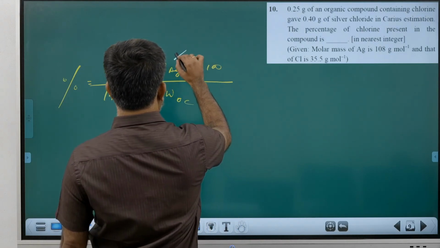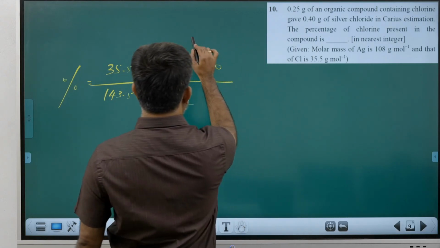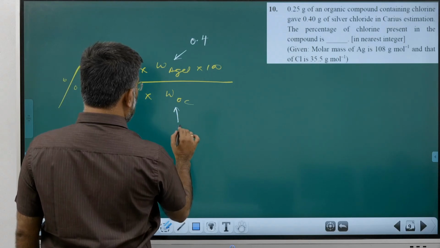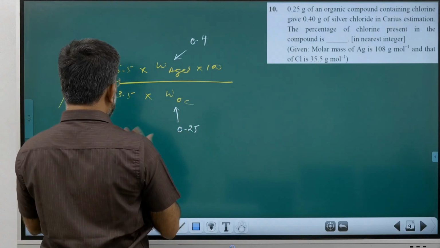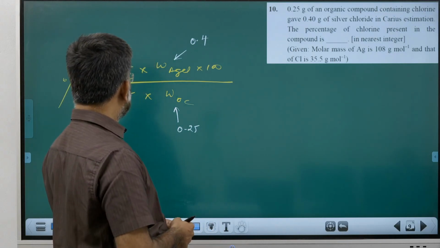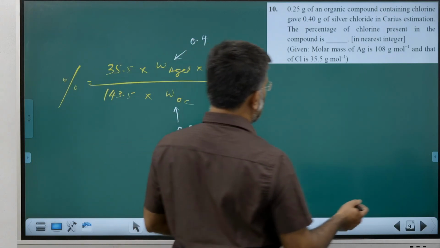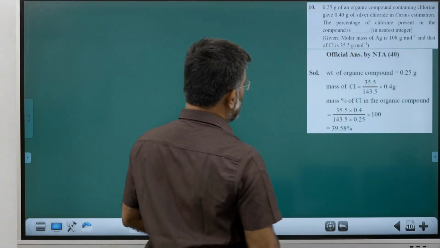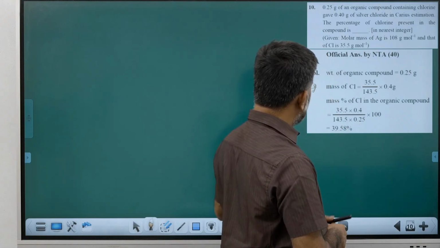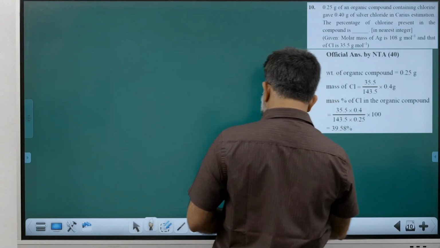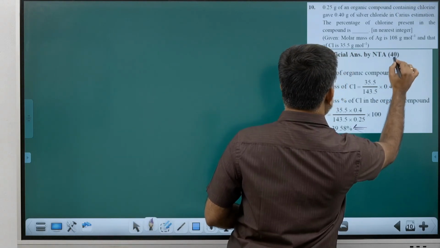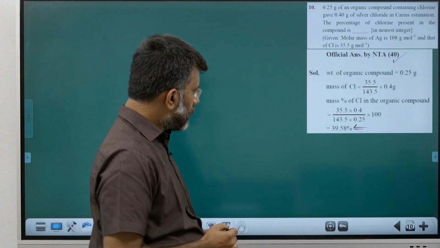Mass of AgCl is 0.4 gram. Mass of organic compound is 0.25. So that will be 35.5 into 0.4 into 100 by 143.5 into 0.25, which will take you to a figure close to 40. That is the correct answer, right?